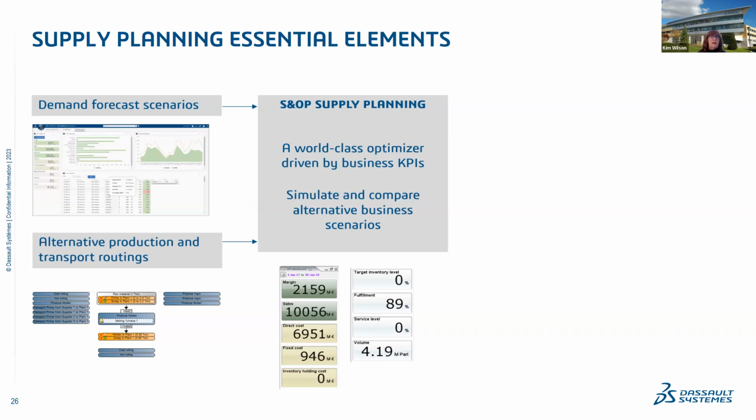Now, Delmia happens to be the brand that's for manufacturing, and it has a world-class optimization technology, and it holds world records in optimization. So we're able to simulate and compare many different alternative business scenarios.